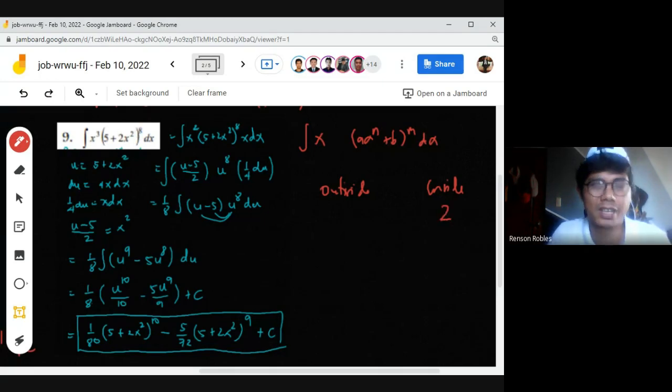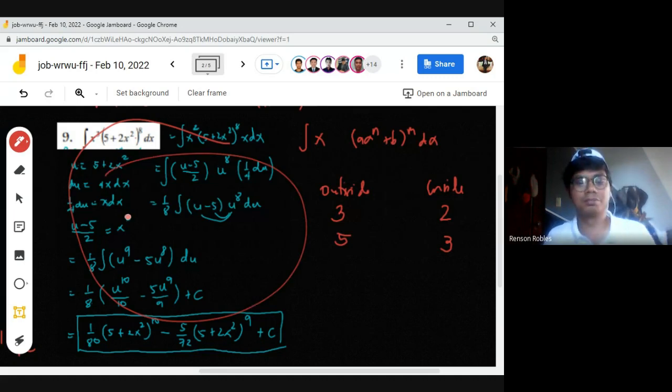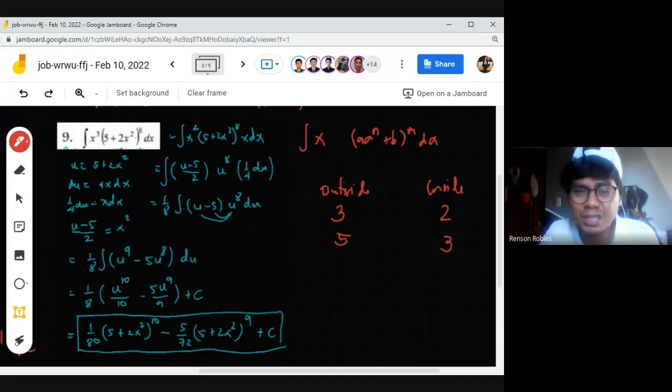Sa loob, it's 2. Yung power of x outside is 3. Now, if I change the power of x inside, I'll make it 3. This should be 5. To make it integrable by this method. If this is 4, this should be 7. If this is 5, what do you think is this?